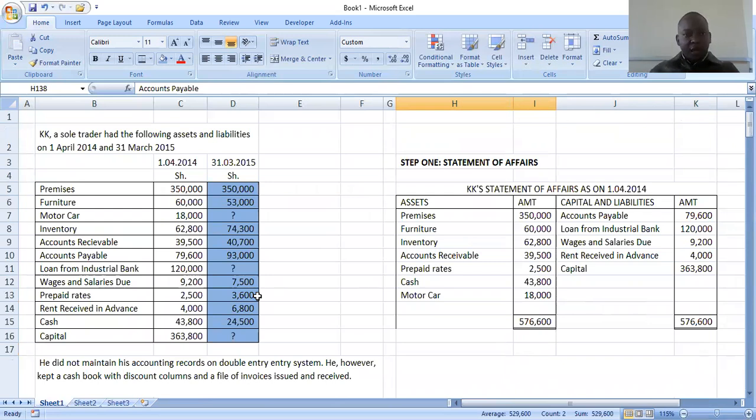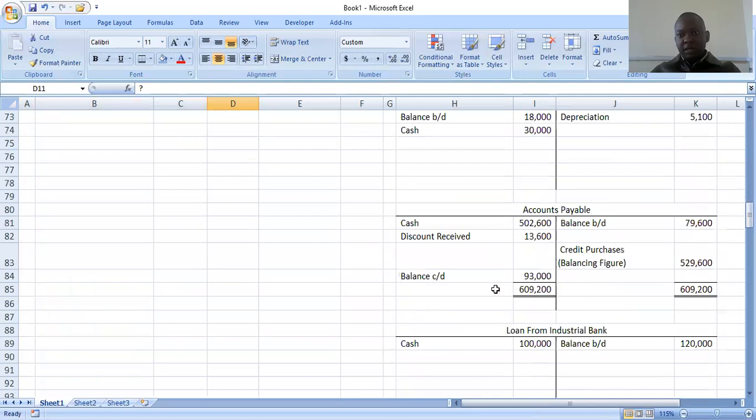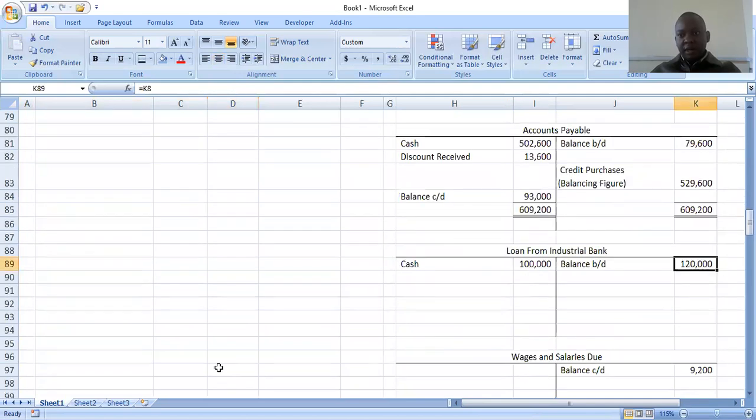The other item to balance off is loan from industrial bank, which has a question mark. Let me just balance it off. The balance as given there is a question mark, so you can balance it off. On the loan from industrial bank, the balance brought forward is 120,000.